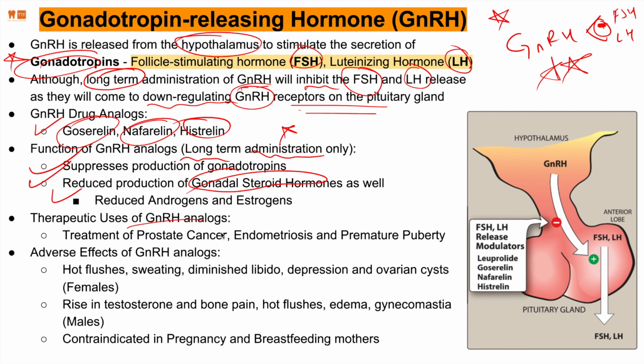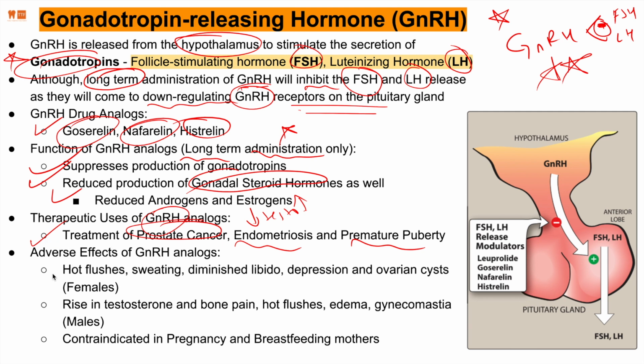Therapeutic uses of the gonadotropin-releasing hormones. Treatment of prostate cancer. Why? Because prostate cancer shoots out the lack of testosterone. Okay? Gonadotropin releasing hormone will end up decreasing it, treating prostate cancer. Endometriosis, premature puberty. These are all treatments done by GnRH. Adverse effects, and of course, remember these are long-term, right?